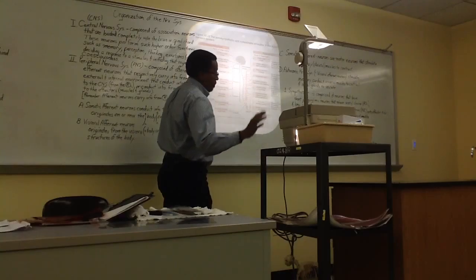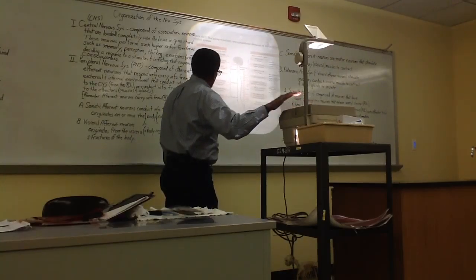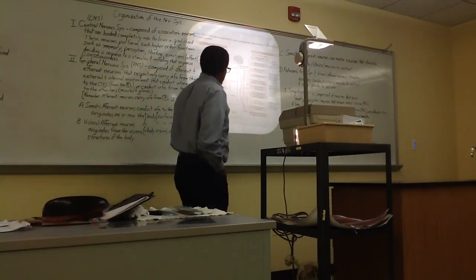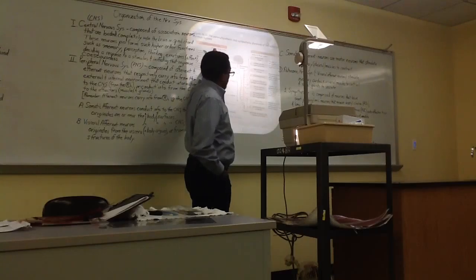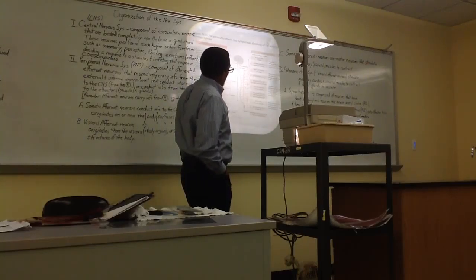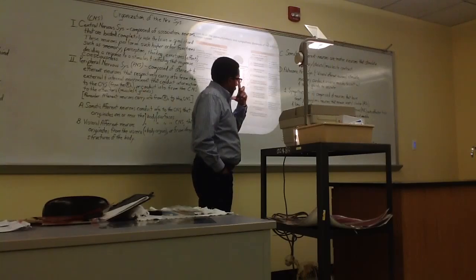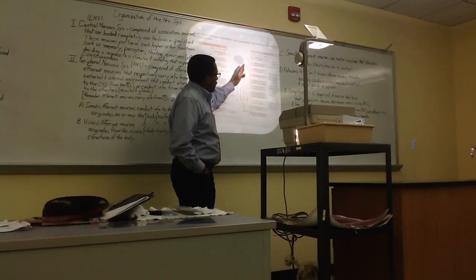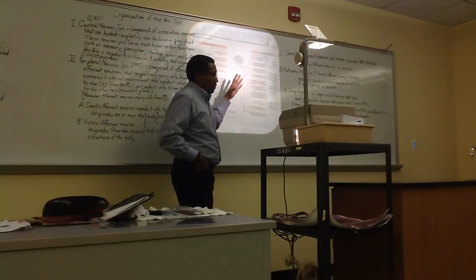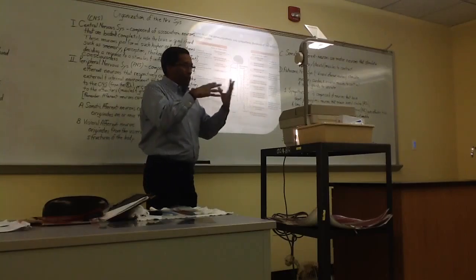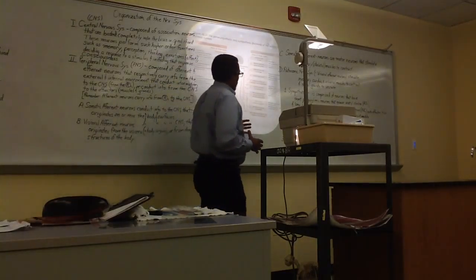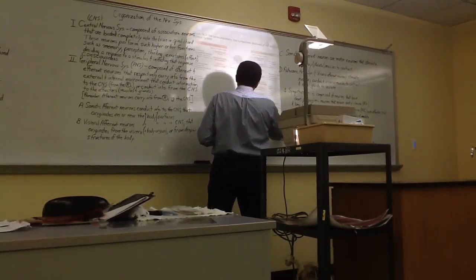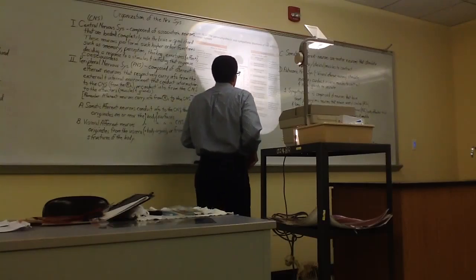So, two major divisions of the autonomic nervous system include the sympathetic and parasympathetic divisions. These two divisions work in balance to each other. You get a nerve from the sympathetic and a nerve from the parasympathetic that goes to the same structure.